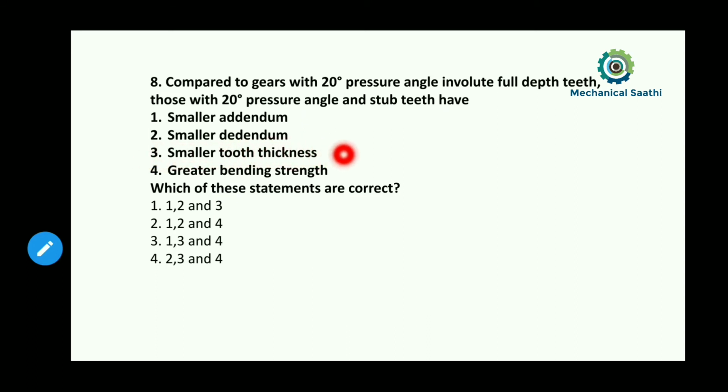So statement 3 we can say is wrong, and options 1, 2 can be the correct answer. Another thing is option 4, which says greater bending strength.